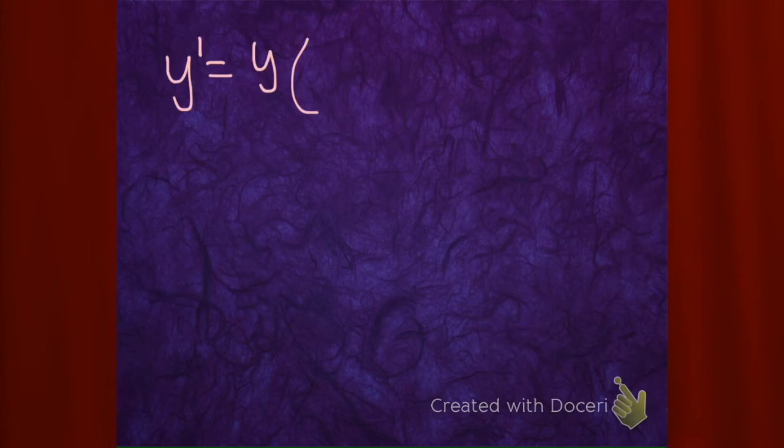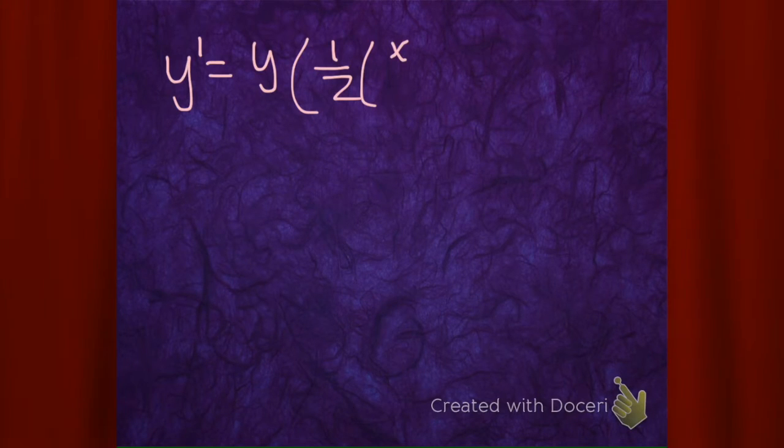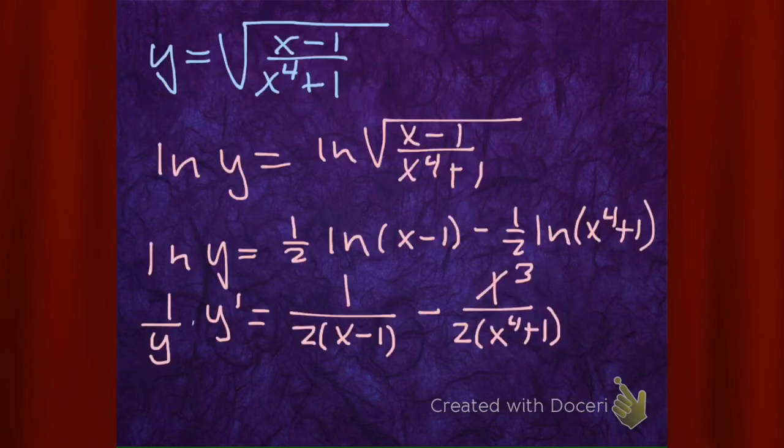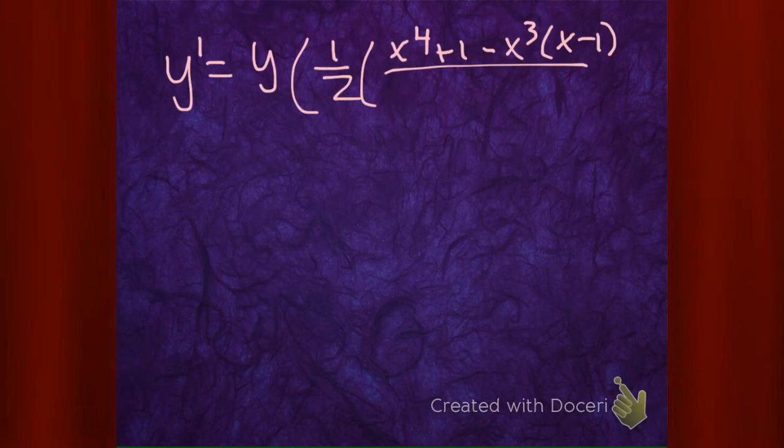This business. 1/2 times the quantity (x to the fourth plus 1) minus, excuse me, x to the third times (x minus 1), all over (x minus 1) times (x to the 4 plus 1).